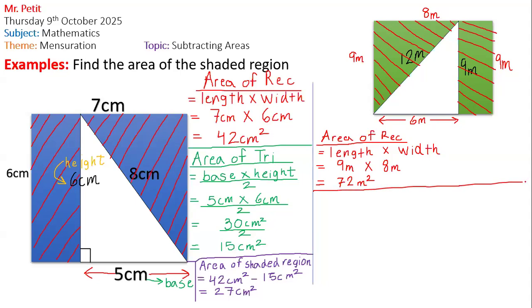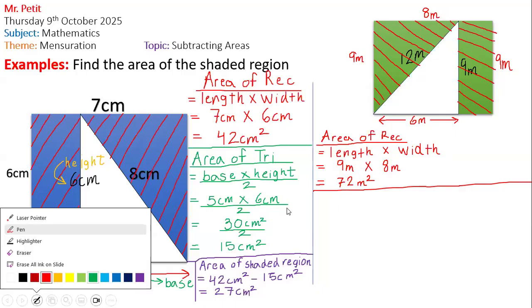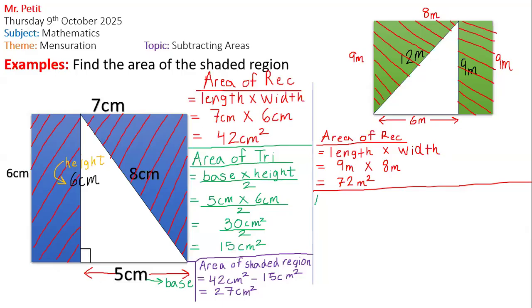Now we're going to do the area of the triangle. Isis, can you hear me?